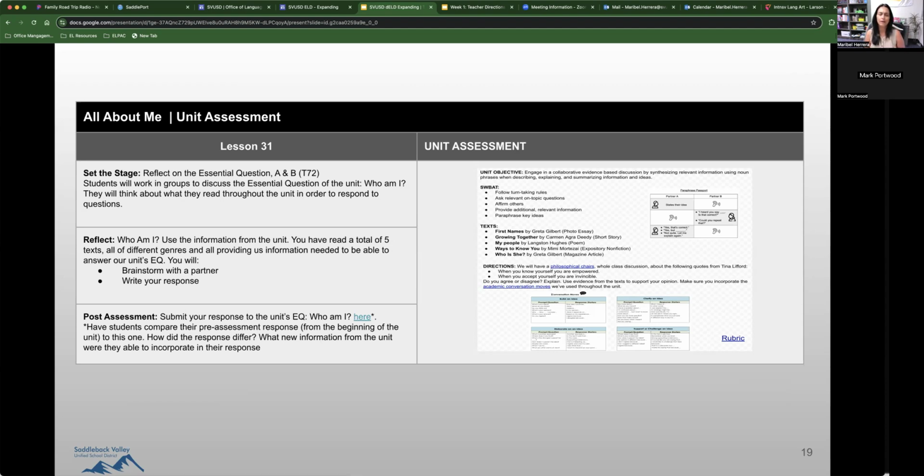And our experience tells us that the pre-assessment will be related to the essential question, but it might not include a lot of academic vocabulary. That's the goal, right? They've built their academic vocabulary throughout the unit. So then we should really see how much they infuse that academic vocabulary in their post-assessment.